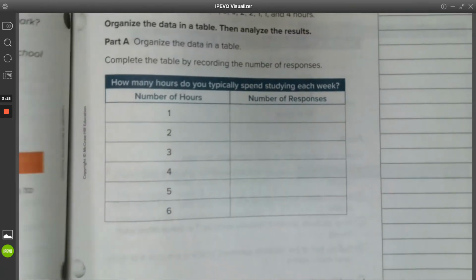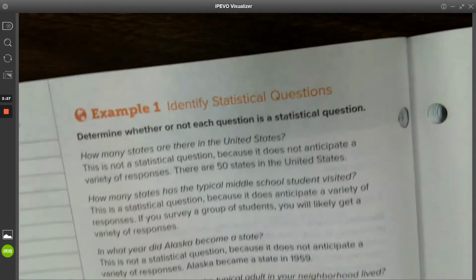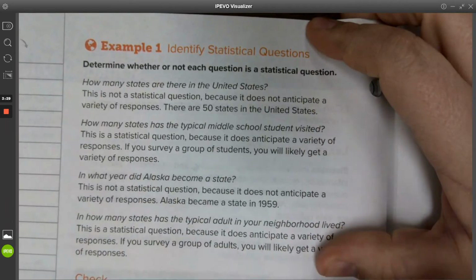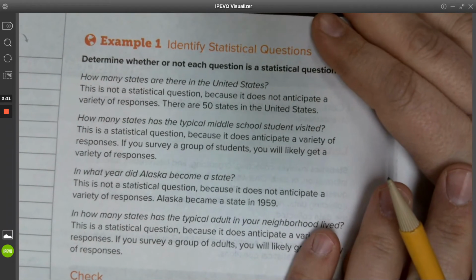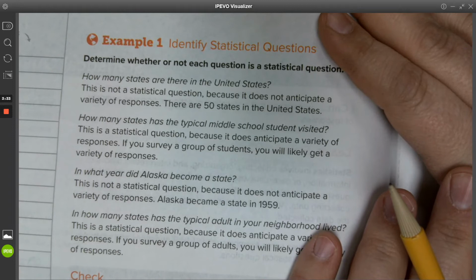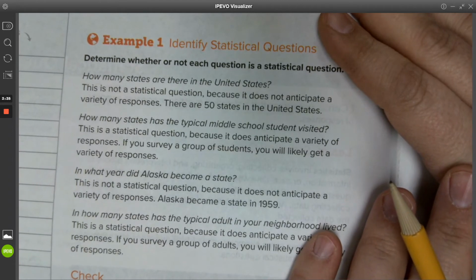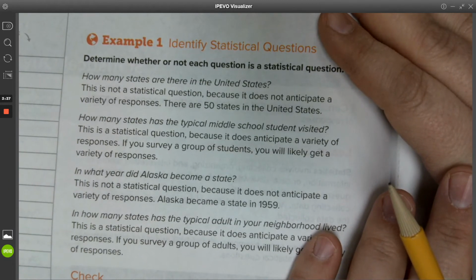So turning the page now, I'm on page 538. Let's try example 1. It says here to determine whether or not each question is a statistical question. So example 1, how many states are in the United States? Now, because we're all super smart, we know there is only one answer, 50.